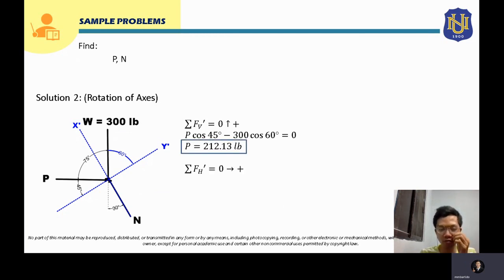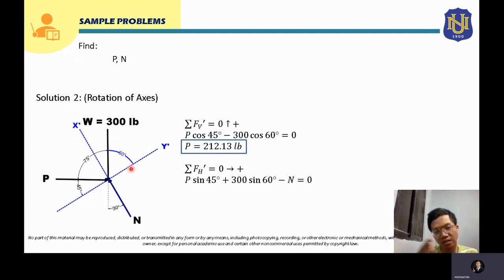Now, to solve for the value of N, we use summation of forces horizontal with respect to the new x-axis. So for our P, the horizontal component is P sine 45 degrees, and since it is directed to the right, it will be positive here. And then we have here the 300-pound force. Its horizontal component will be 300 sine 60 degrees since our angle is from the vertical.